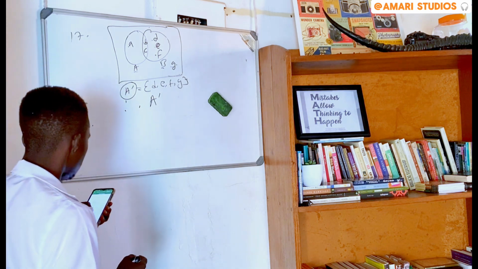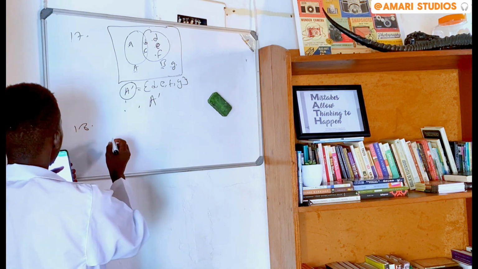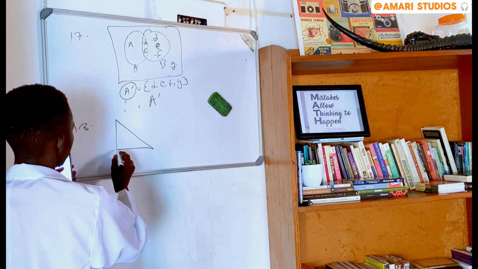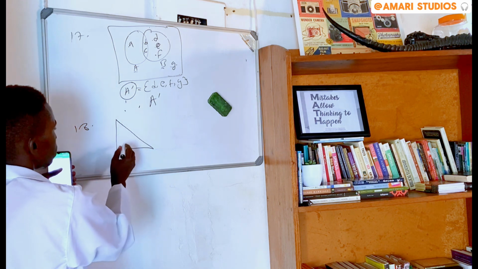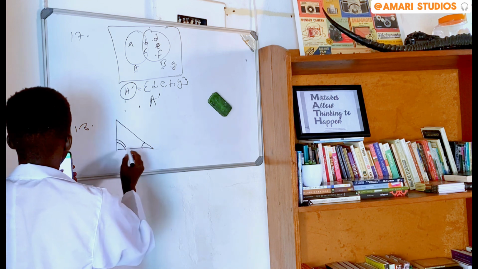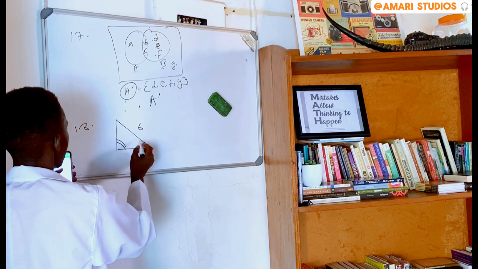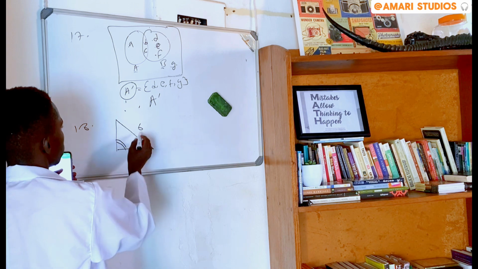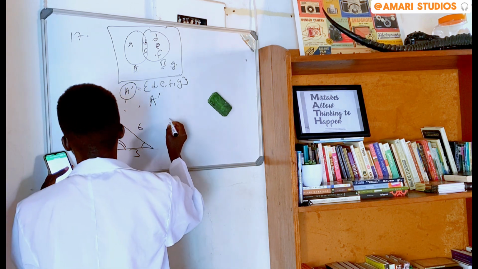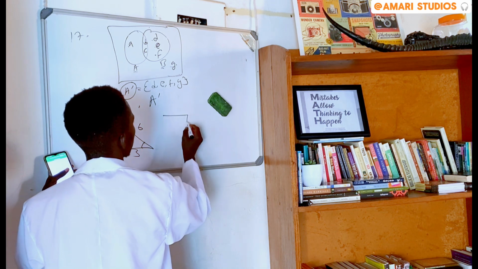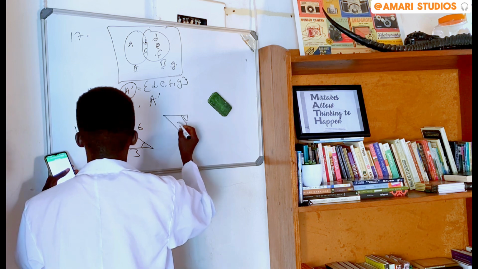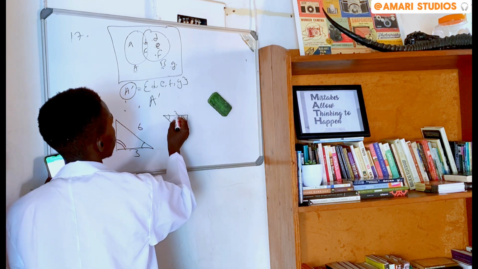Question 18 of section B. We have two triangles, which seem to be right-angled triangles. The first triangle has sides 6, 3, and 5, and then we have another triangle with X there.